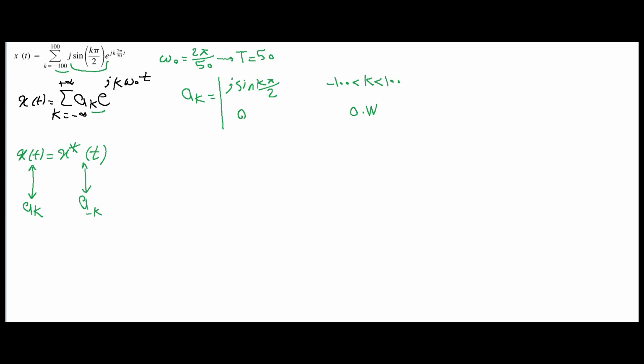In other words, a_k must be equal to the complex conjugate of a_(-k). Let's verify this condition.